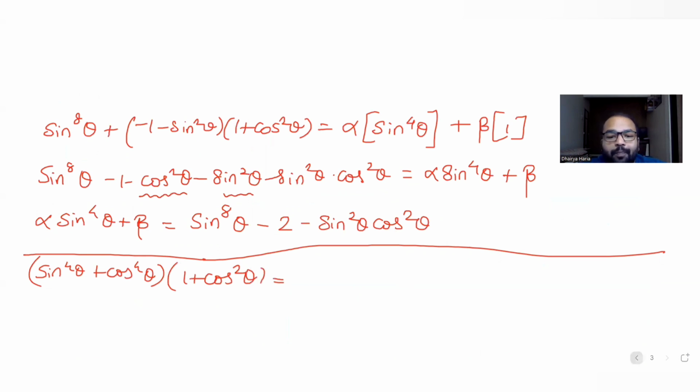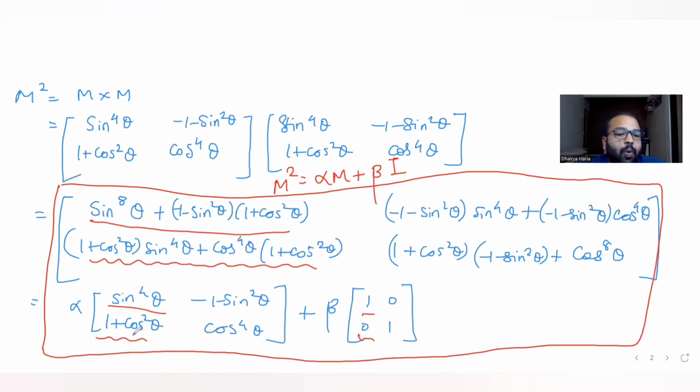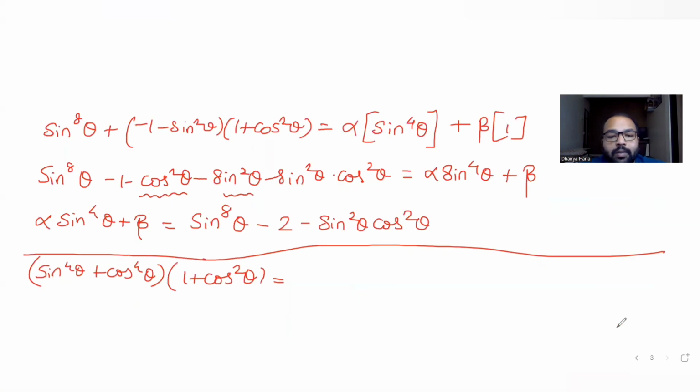That is equal to alpha into 1 plus cos square theta plus beta, which is with 0. So beta into 0 will already make it 0. So this term is already gone.